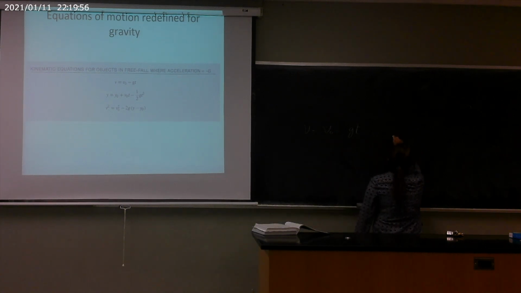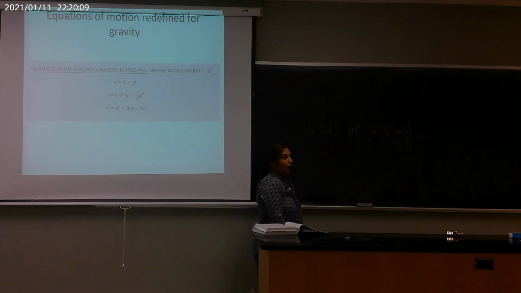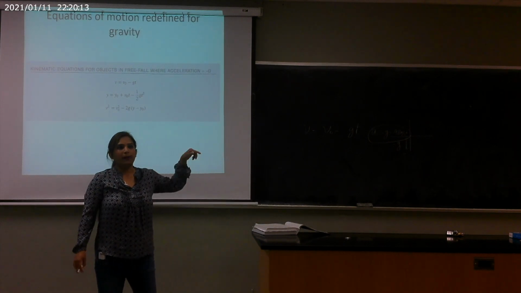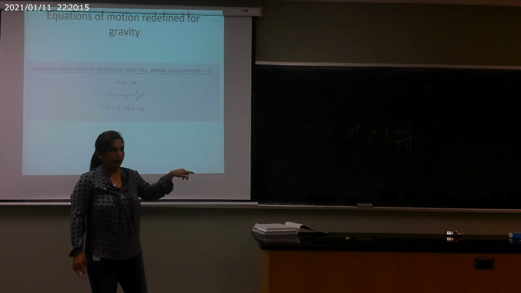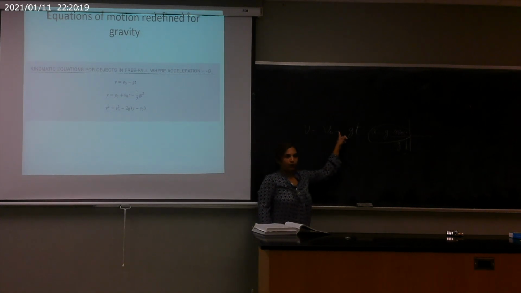Everything which is downward, we are going to take as negative g. So a is equal to negative g, negative 9.8 meter per second square. However, when you have already put negative there, then do not plug in negative 9.8. Then it would be wrong, because we have already taken care of its downward motion in the equation.